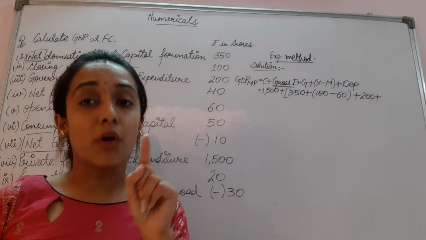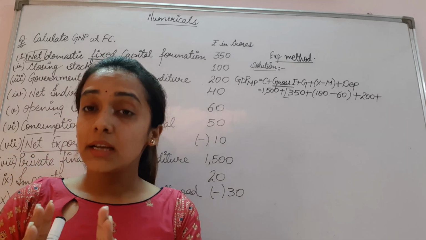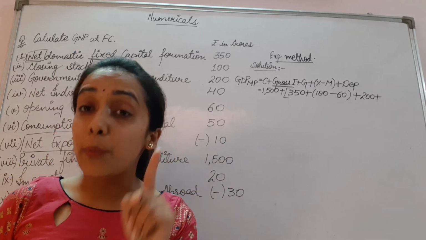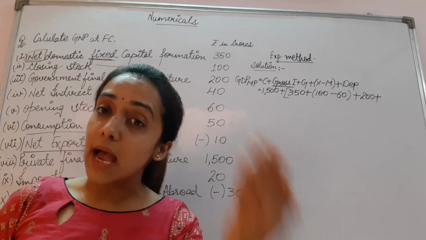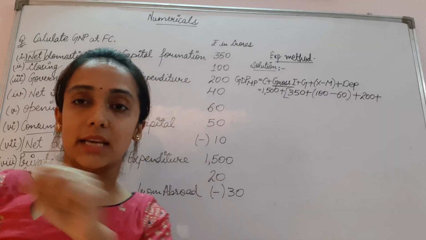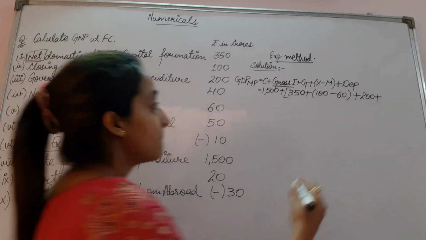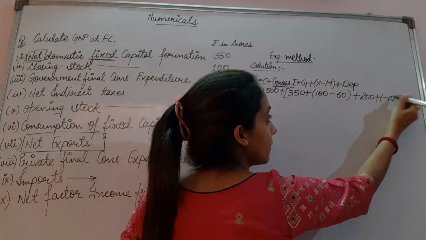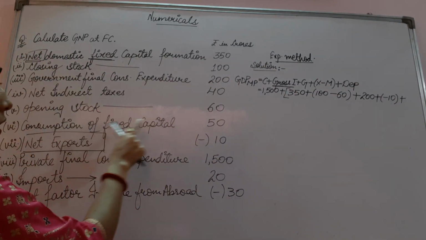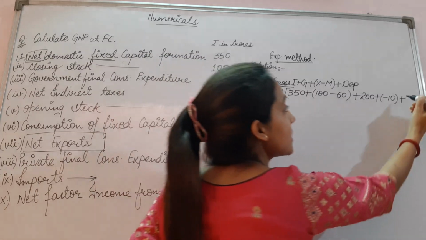I have already discussed that when net exports are given, the sign will be the same, and when net imports are given, the sign will be changed. But in the question we are given net exports, minus 10, plus depreciation, that is consumption of fixed capital, it is 50.